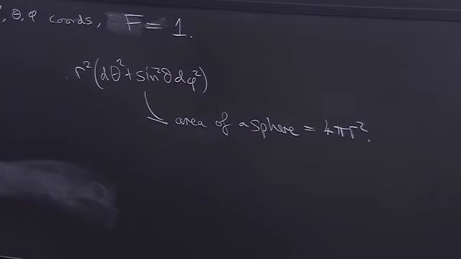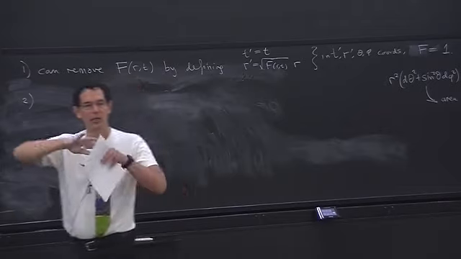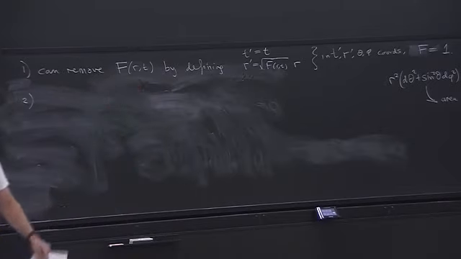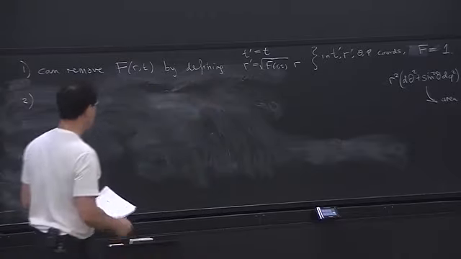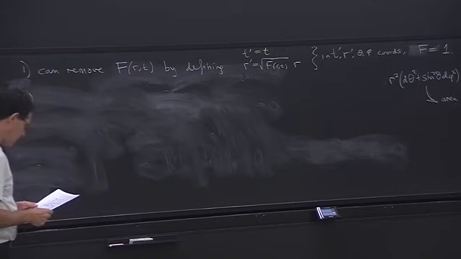So by choosing your radius in this way, you're ensuring that even though the space is curved, the proper area of a sphere is 4 pi r squared. Okay, so that's the first simplification.